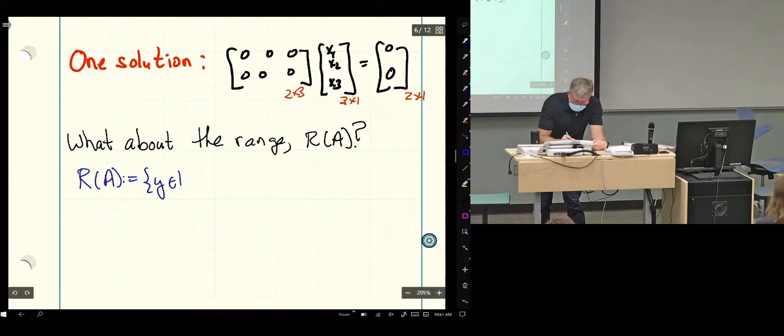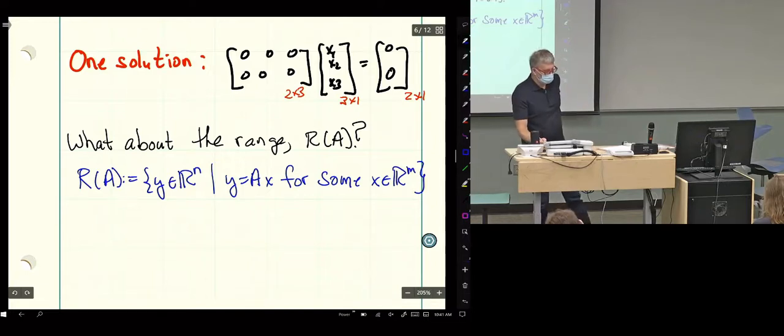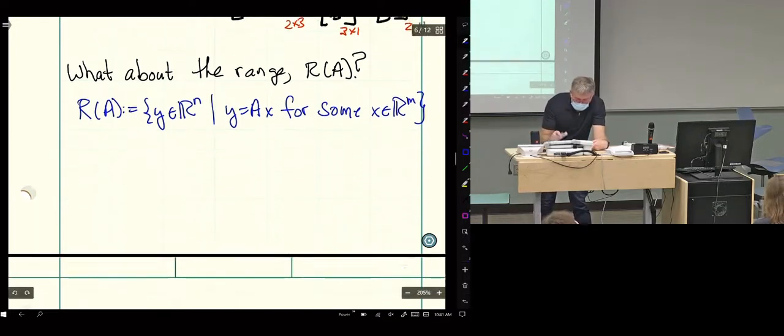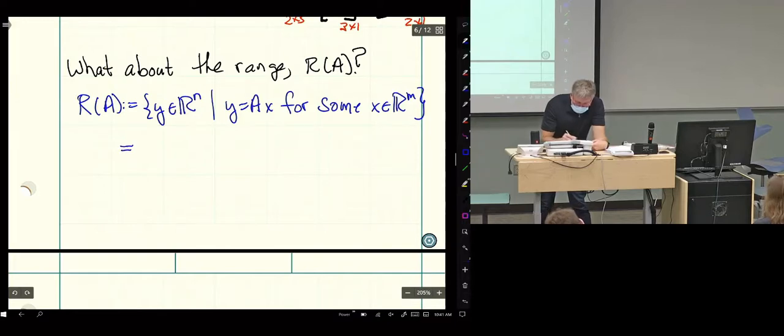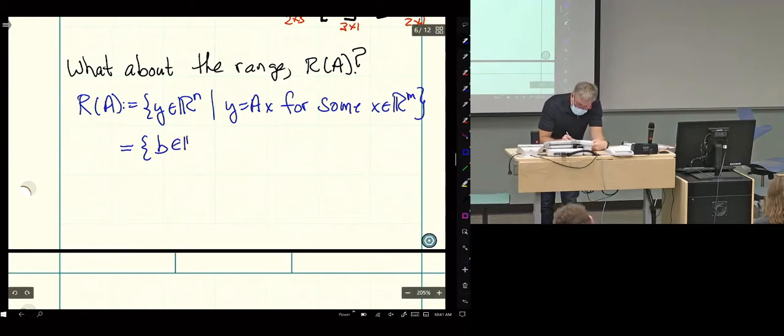It's the set of all y in Rn such that y equals AX for some x in Rm, because A is n by m. Now, I'm calling vectors in Rn y. But, you know, we often call them b.